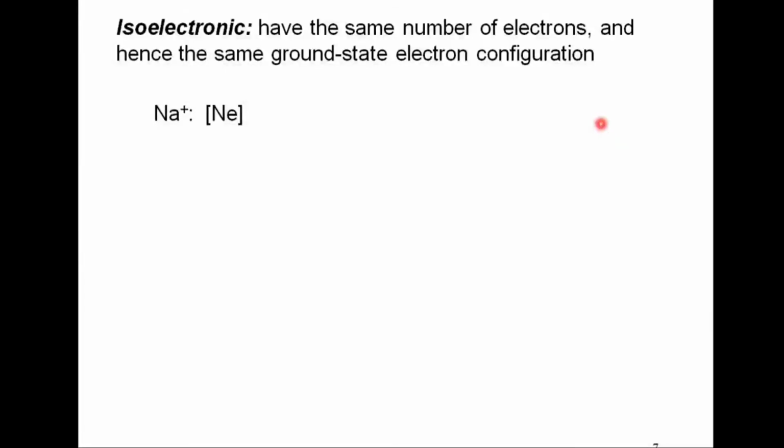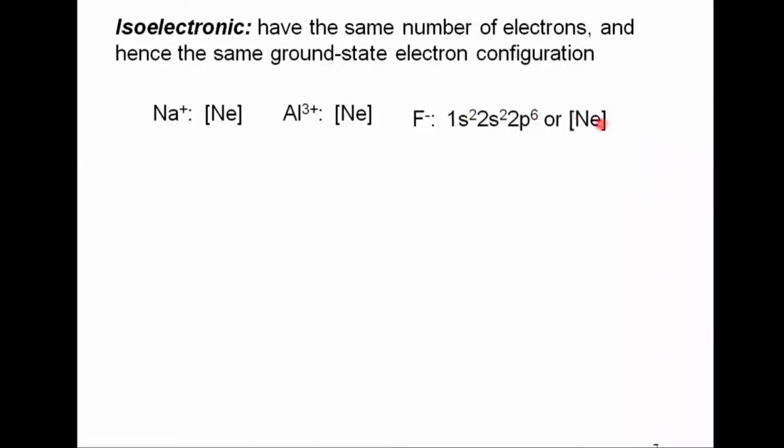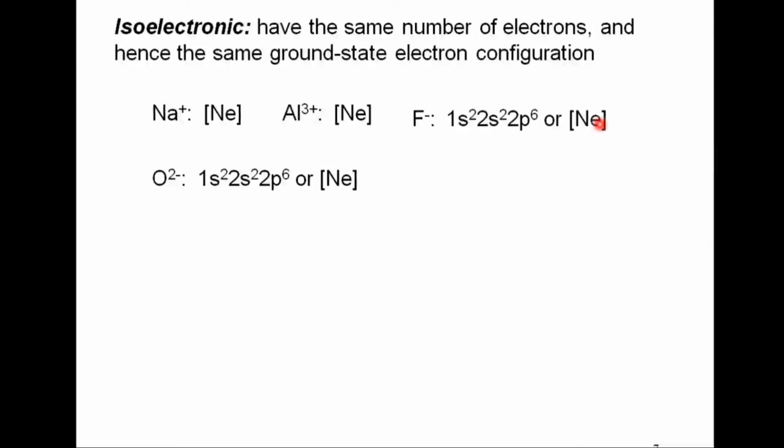Na positive, by losing its outer shell electron, becomes like neon. Aluminium 3 positive also has an electronic configuration similar to neon. F negative also has an electronic configuration similar to neon. So Na positive, aluminium 3 positive and F negative, these three are isoelectronic because they have the same electrons in the outermost shell now.